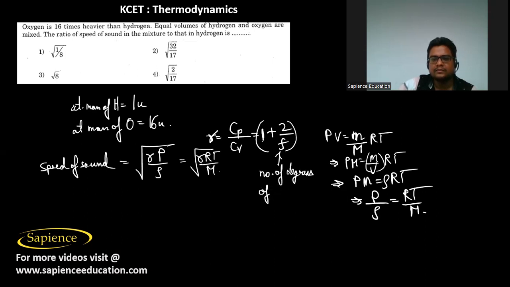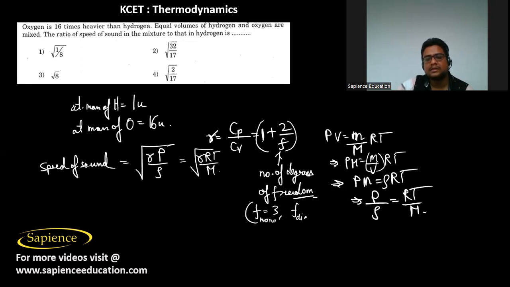Number of degrees of freedom of the ideal gas. So if it is a monoatomic gas, then F is equal to 3, and if it is a diatomic gas, then it is 5. So now, as we know, hydrogen and oxygen both are diatomic gases only.